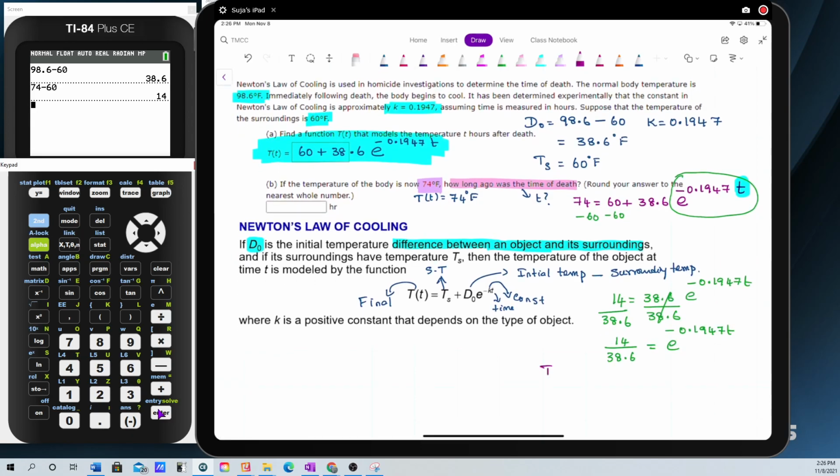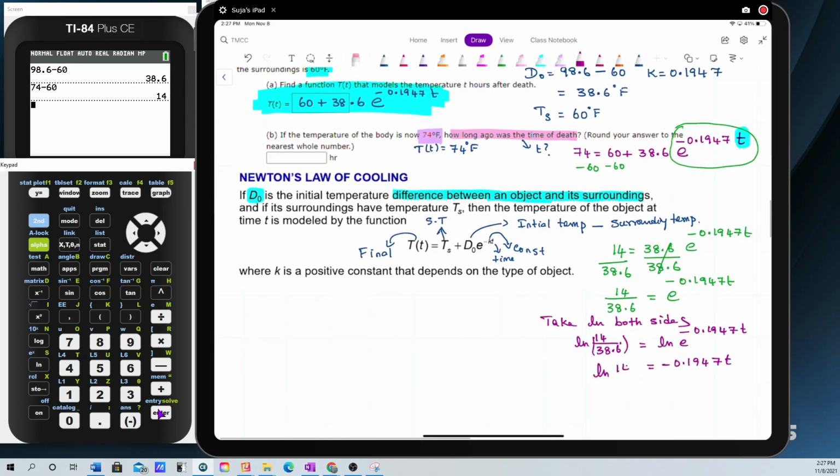Now the next step would be to take ln of both sides. My left hand side would be ln of 14 over 38.6, and my right hand side would be ln of e to the negative 0.1947t. This leads my right hand side to be negative 0.1947t, and my left would be ln of 14 over 38.6. To find t, I'm going to go ln of 14 over 38.6 divided by negative 0.1947.